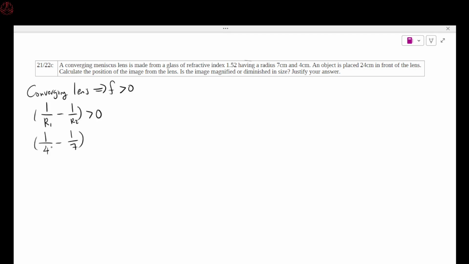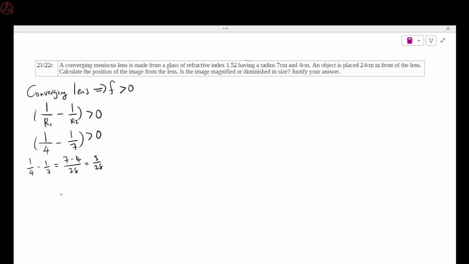Okay, so this is going to produce a positive value. 1 over 4 minus 1 over 7 is 7 minus 4 over 28. So that means it's going to be 3 over 28.